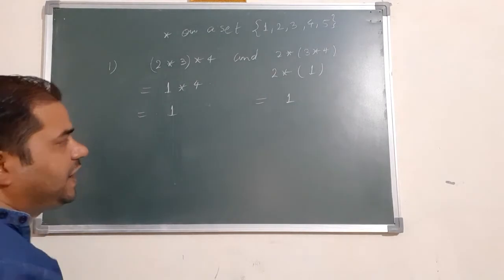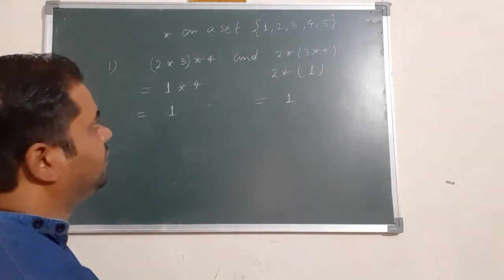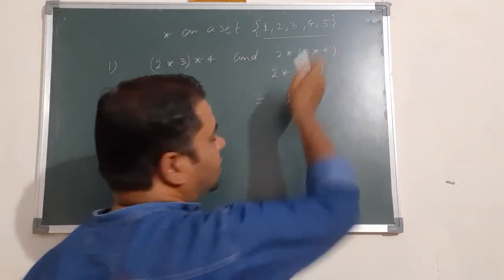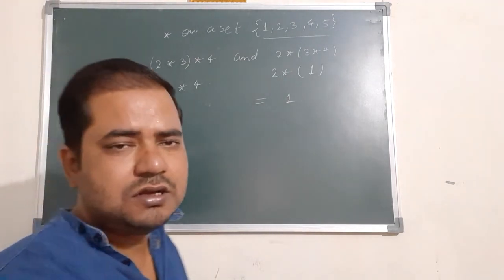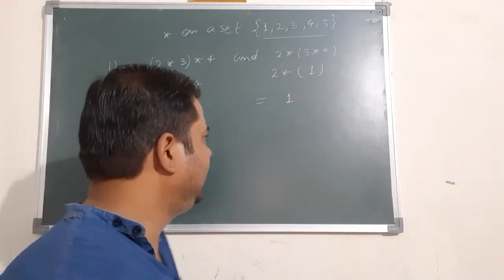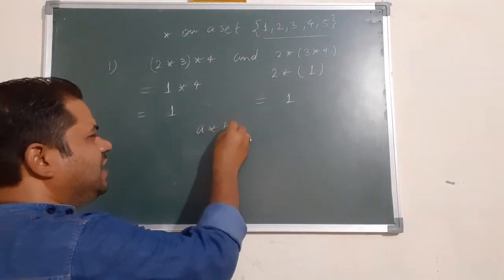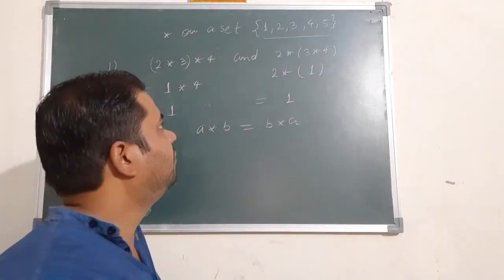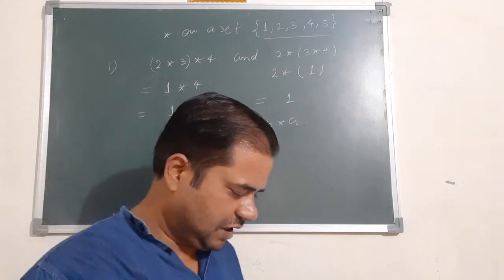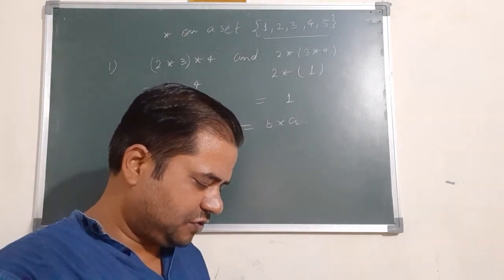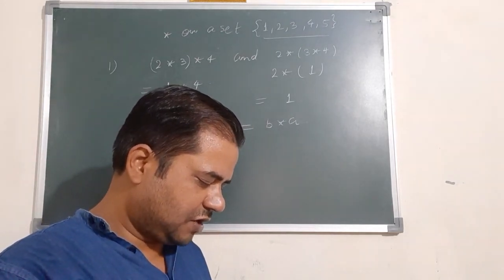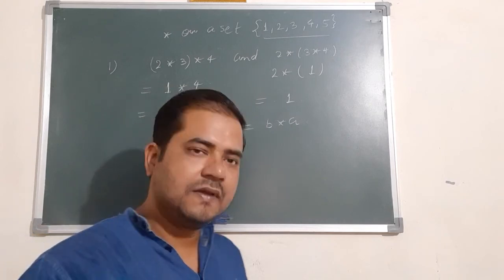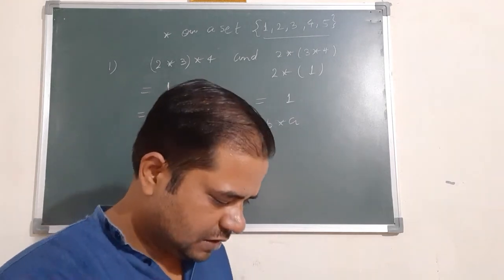You can take any numbers A star B, because this is the set of natural numbers as well. For any element, A star B must be B star A. Why? Because in the table also you see 1 star 2 is 1 and 2 star 1 is also 1. So this is commutative.